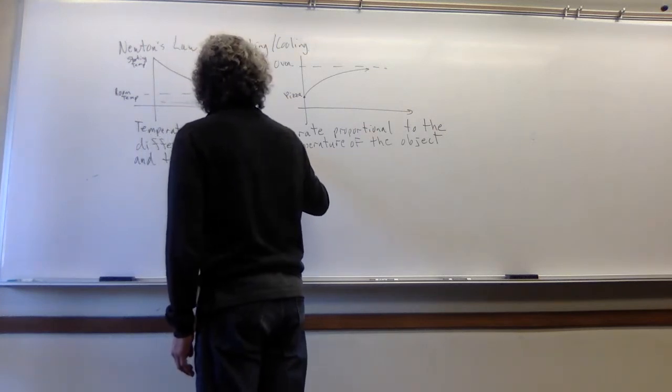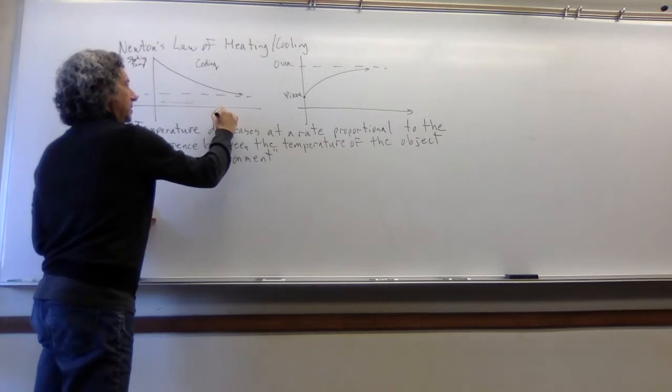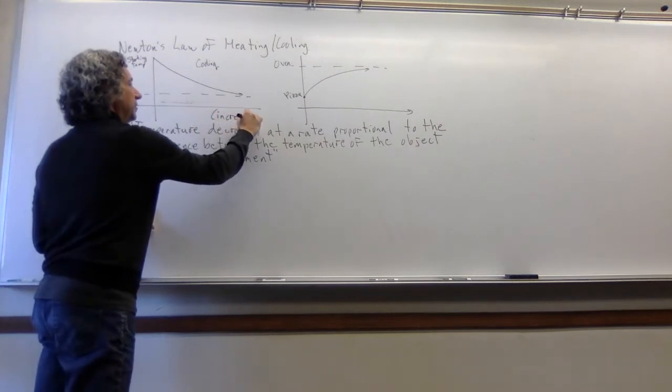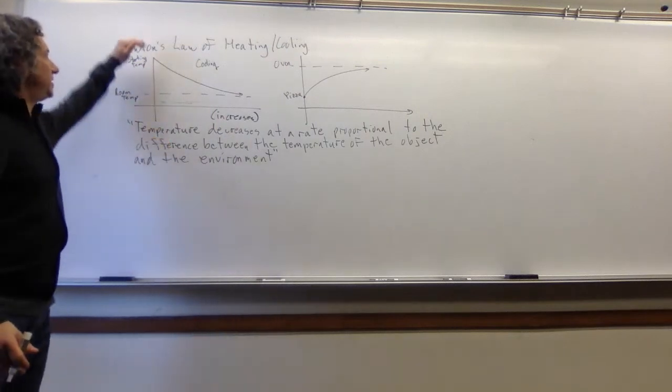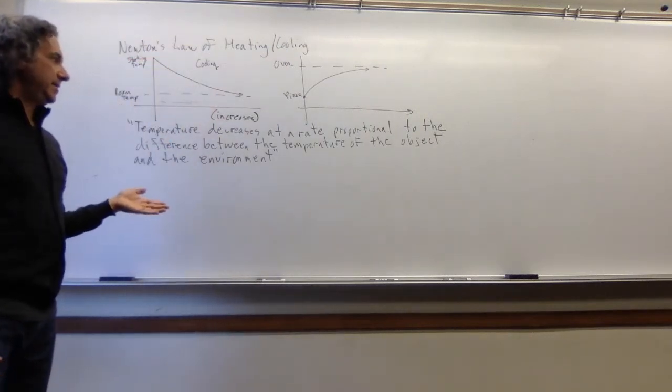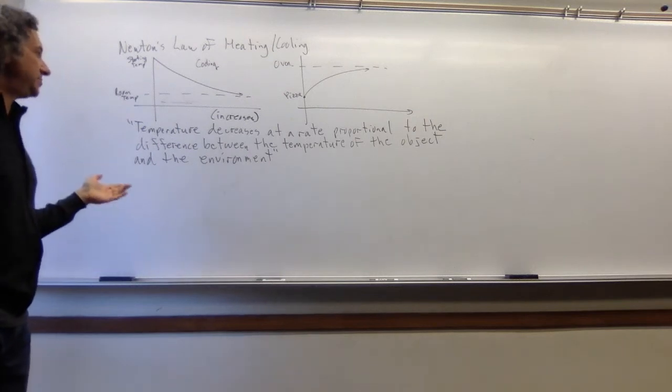So I know it's a mouthful. And again, decreases, I can exchange that for increases if I like. So let's read this. So the temperature decreases at a rate that's proportional to the difference between the temperature of the object and the environment.